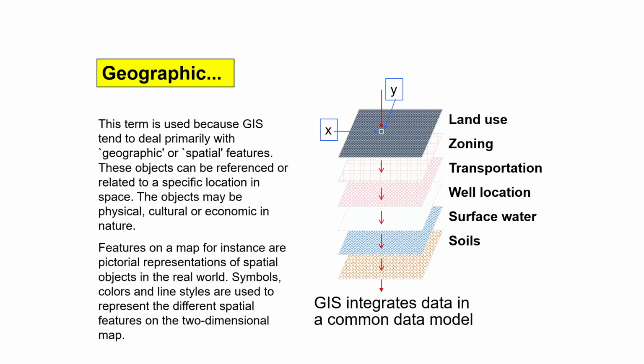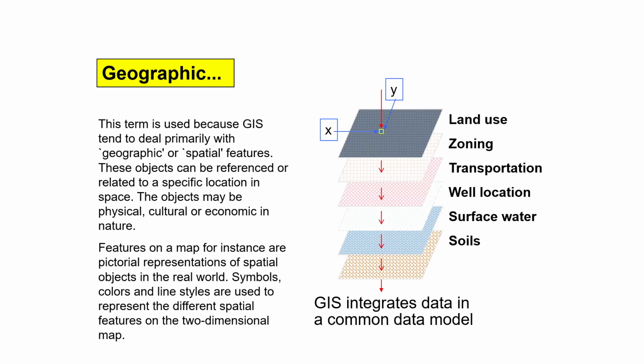Geographic is about the location of features, where these features are situated. The power of GIS is integration of data in a common data model. We can compare and understand dependencies, which data connect with other data.